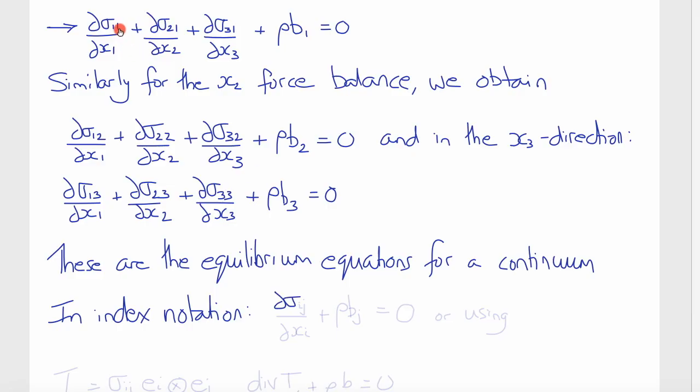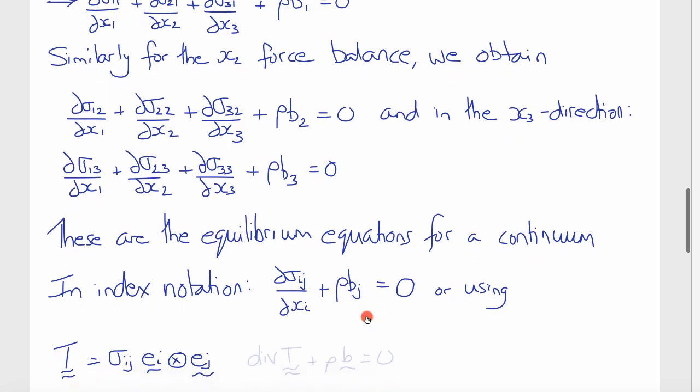And notice again, it's the first index that we're taking derivatives with respect to and summing. So the i is repeated. And the free index is j, so this is 1, 2, 3, plus rho bj is equal to 0. So this is 3 equations for j equals 1, 2, and 3.